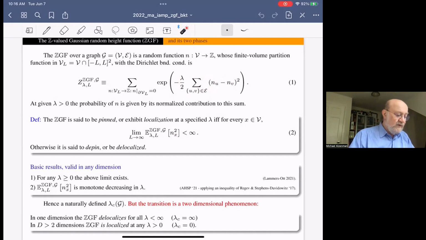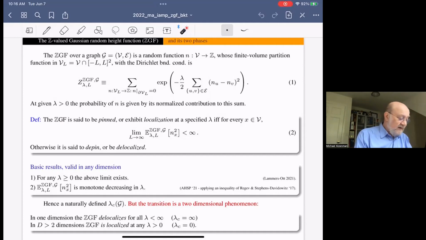So that's the symmetry broken phase. There are different terms which at the end convey the same situation. We say that this random surface is pinned if it does not fluctuate, the variance stays finite, and otherwise it's delocalized or depinned.